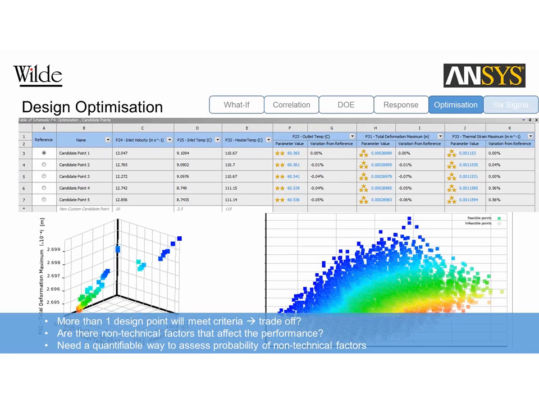There might be other non-technical factors that affect the performance, such as manufacturing variables, operator handling, the quality of the material, for example. Either way, once we send a product out to the market and it's operating out in the field, we need a quantifiable way of stating that this product is going to work, and we need to deliver that as a numerical value.